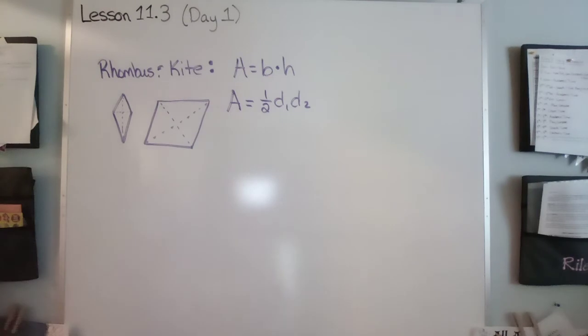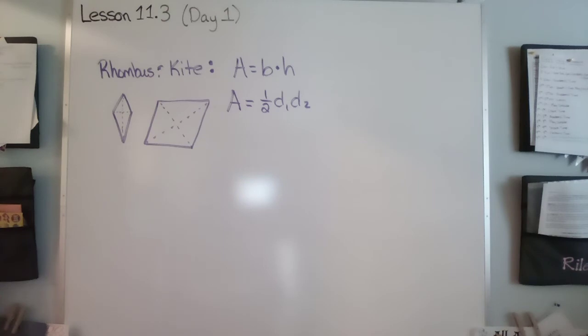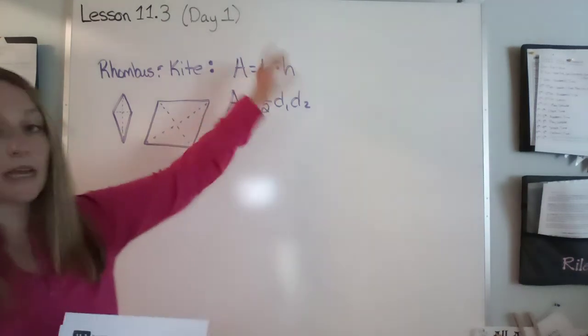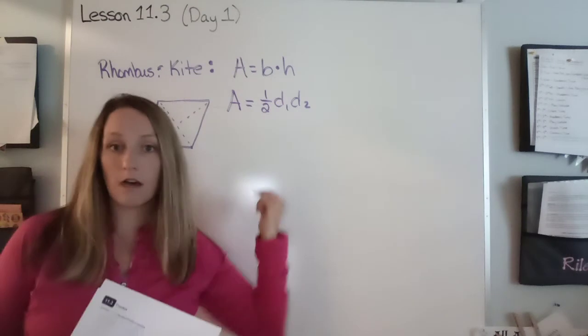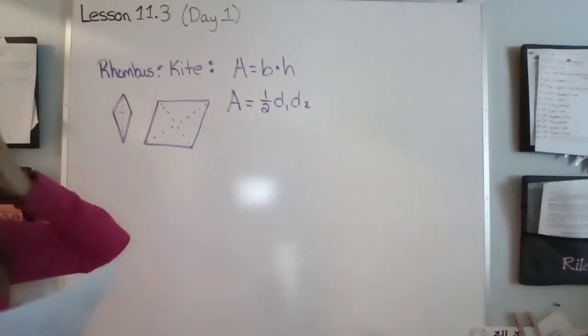If I know those two lengths, I can multiply them together and take 1/2, and that'll give me the area of the rhombus. Don't forget, you could still do base times height if you're given the base and the height of the rhombus and the kite. But if you're given diagonals, you'll want to use that formula.